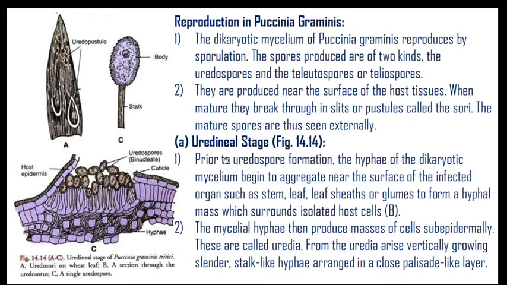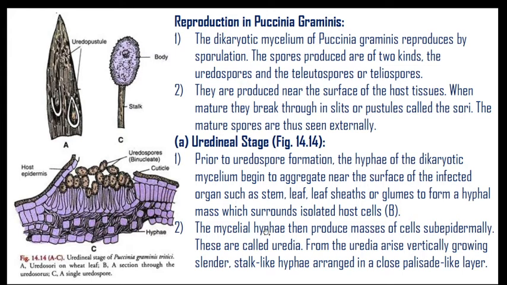Then the uredinial stage. Prior to uredospore formation, the hyphae of the dikaryotic mycelium begin to aggregate near the surface of the infected organs such as leaf, stem, and leaf sheath, in glooms of hyphal mass which surround isolated host cells. So this is the B section, which shows a mass of hyphae surrounding isolated host cells.